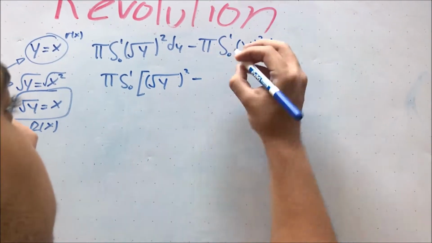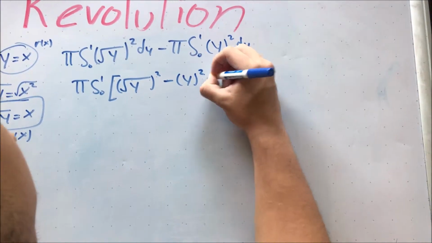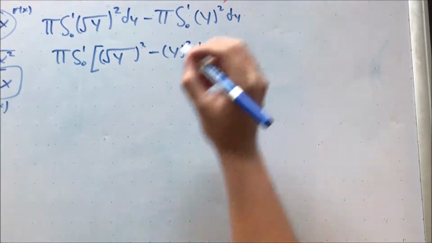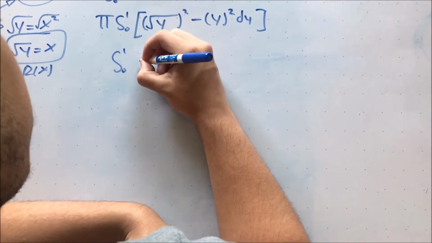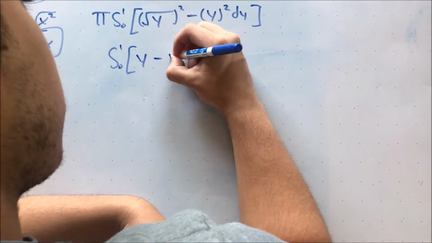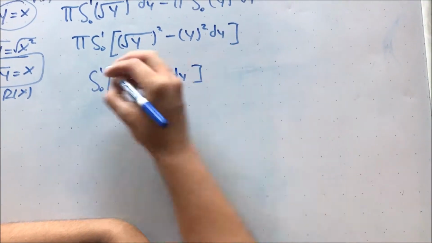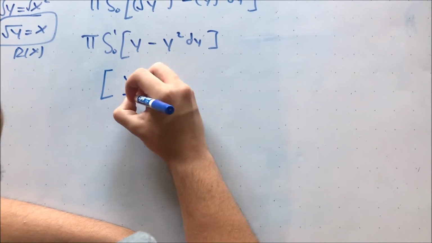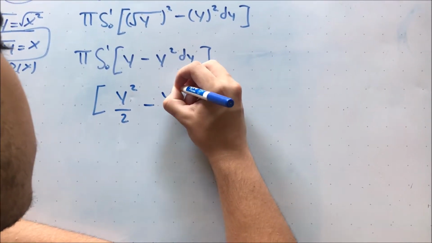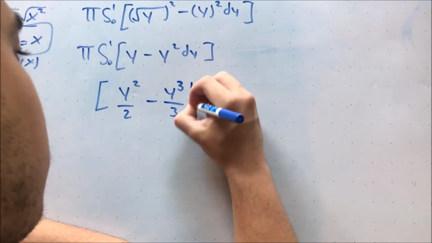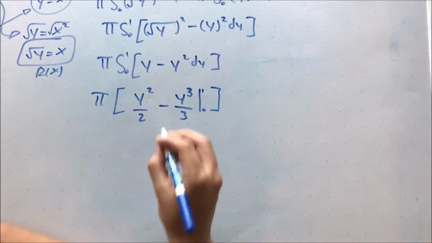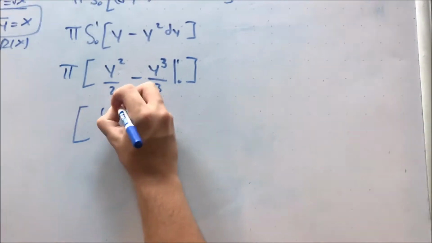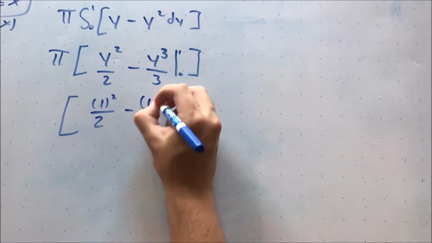And now we're just going to continue to simplify, and we're going to put the two together, giving us pi times the integral from 0 to 1, the square root of y squared minus y squared. And we're going to simplify again. We're going to do the integral from 0 to 1 of y minus y squared, and then we're going to take the integral of that, giving us y squared over 2 minus y to the 3rd power over 3, evaluated from 0 to 1.